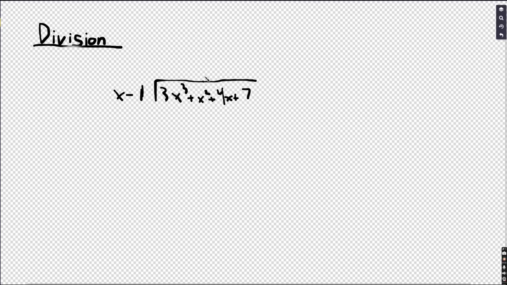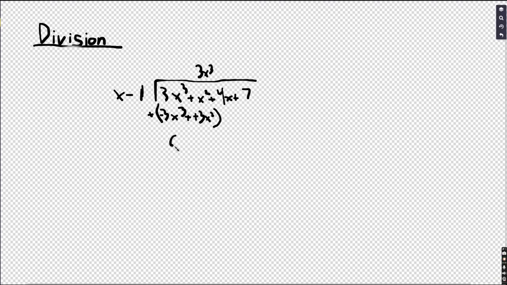We need to multiply it by 3x squared, so we go over to the x squared spot, and remember it's 3x squared because we need to match the coefficient as well. So we have 3x cubed and negative 1 times 3x squared is negative 3x squared. And remember, we're subtracting this, so we want to distribute the negatives.